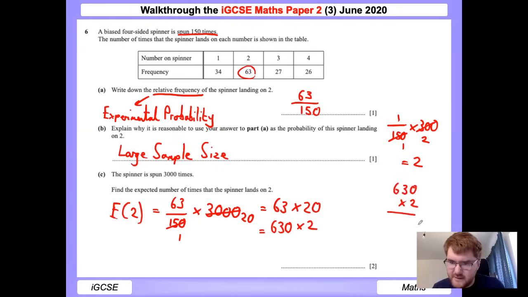I would actually write this out. 0 times 2 is 0, 3 times 2 is 6, 6 times 2 is 12. And I get to my answer of 1,260. Okay, I'm not doing anything too clever. I'm just taking my time and going through this nice and logically. And you do have 45 minutes for this paper, which I think is fair more than anything else.